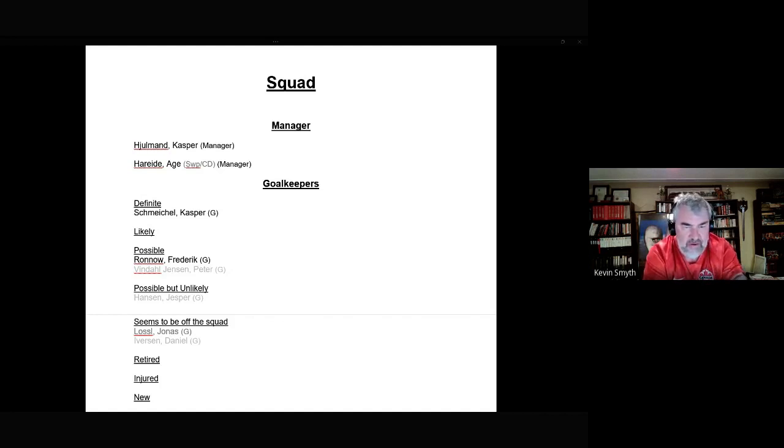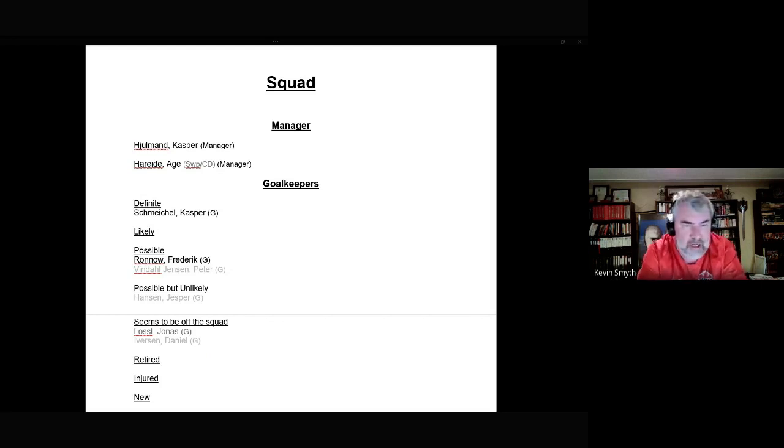So he's been with the team since 2020. He actually did get 1 cap there at the beginning, and he is quite young at 23 years old, and he plays for AZ Alkmaar in the Netherlands since 2021. So a possible candidate there.